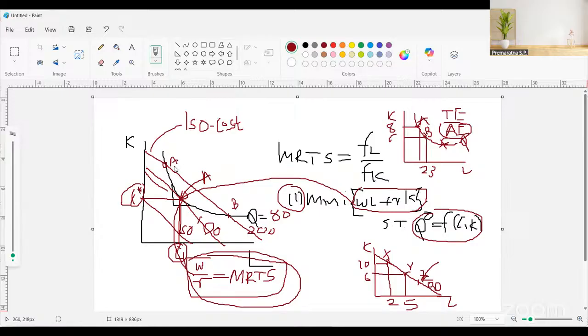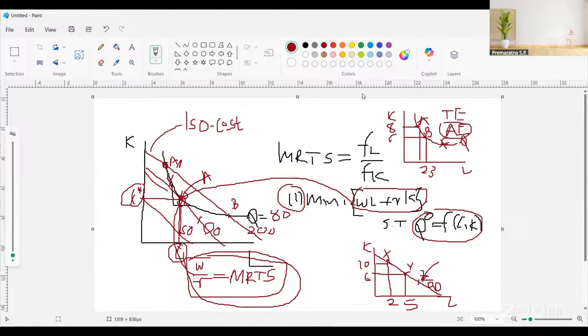Now, for example, here point A1 is also possible, but only technological efficiency happens. For that, the producers have to move down a little and reach point A. Only then are they satisfied.